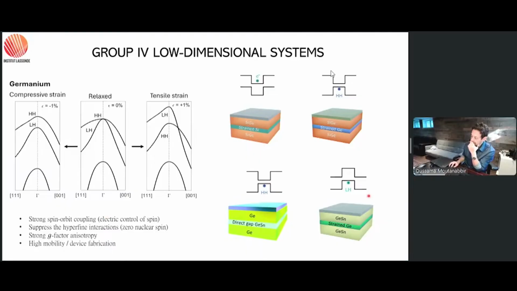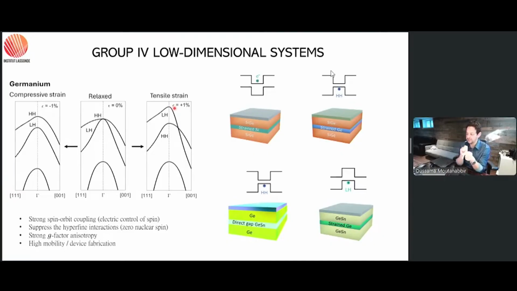At the bottom, I'm showing you another system, and this is something that can be connected directly to this band structure. If you create a tensile strain in germanium, you will also lift the degeneracy, but your ground state will be a light hole. And light hole will come again with slightly different physics, and it can actually allow you to have a strong coupling to light.